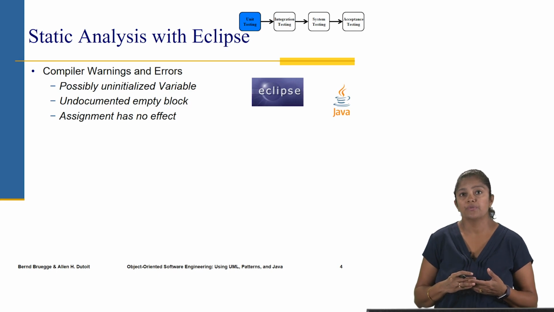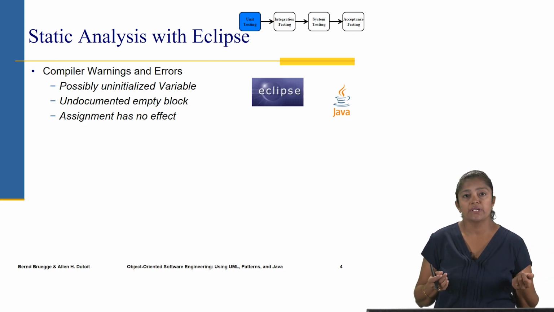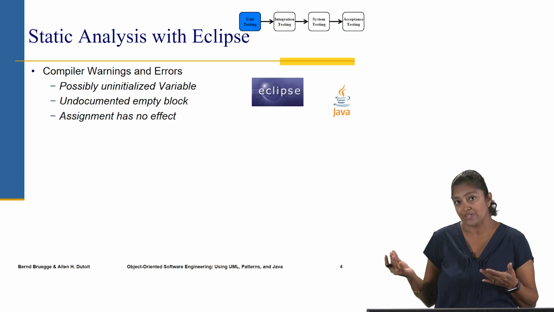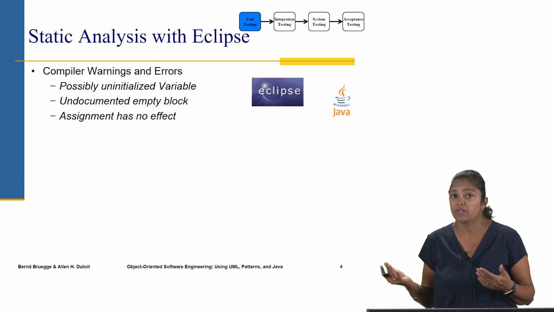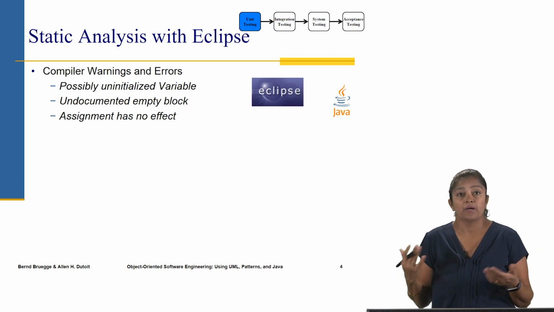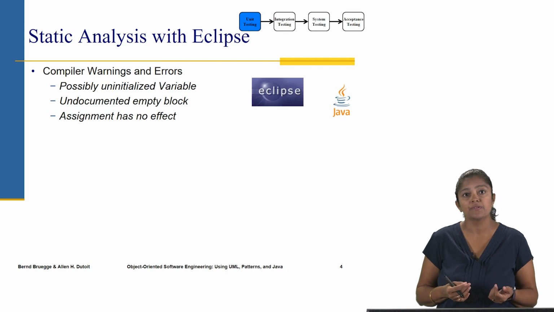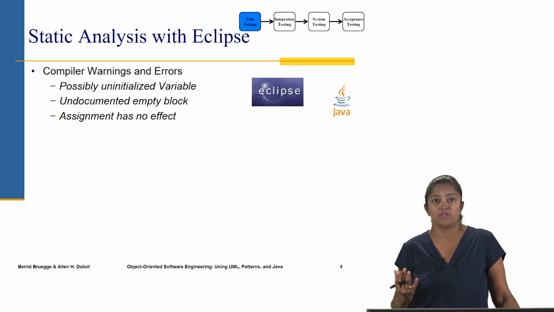If you're trying to use some kind of objects that are associated with checked exceptions, if you use methods associated with it, then the compiler throws an error saying that you have to check for exceptions. If the assignment has no effect, it's going to throw an error about that.